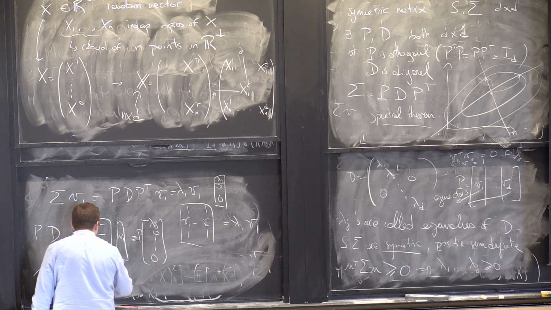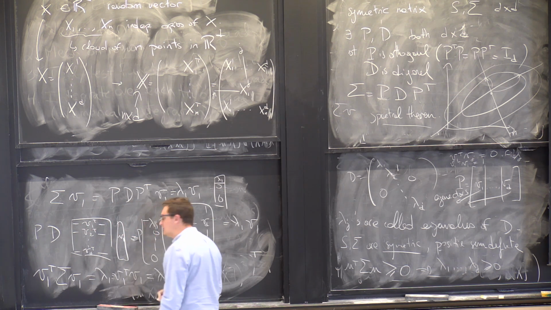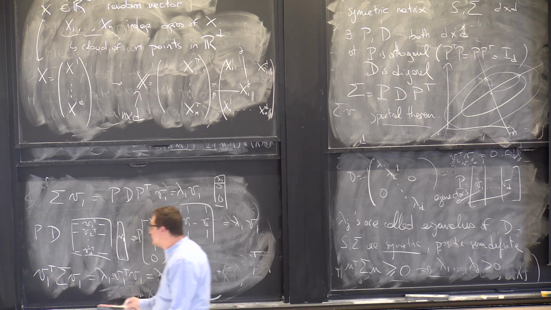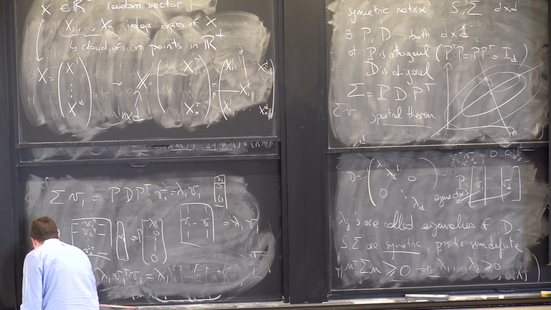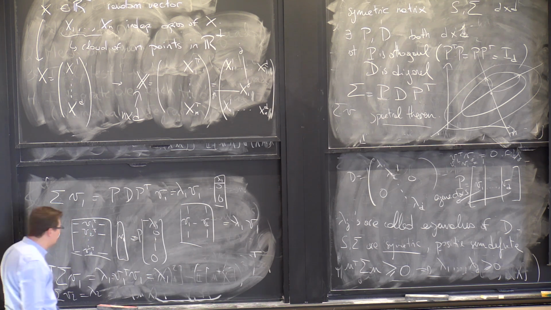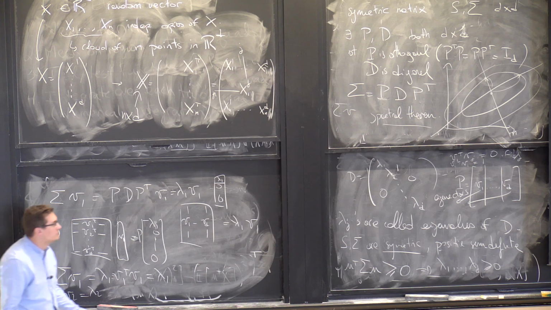So this is lambda 1. And if I do the same with V2, clearly I'm going to get V2 transpose sigma V2 equal to lambda 2. So for each of the Vj's, if I look at the variance along Vj, it's exactly given by those eigenvalues. All right?